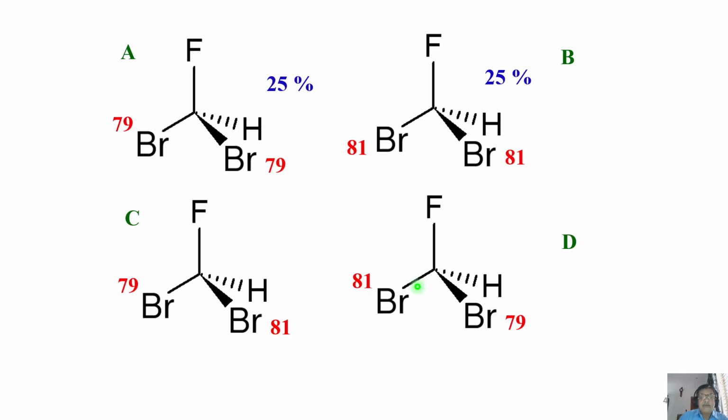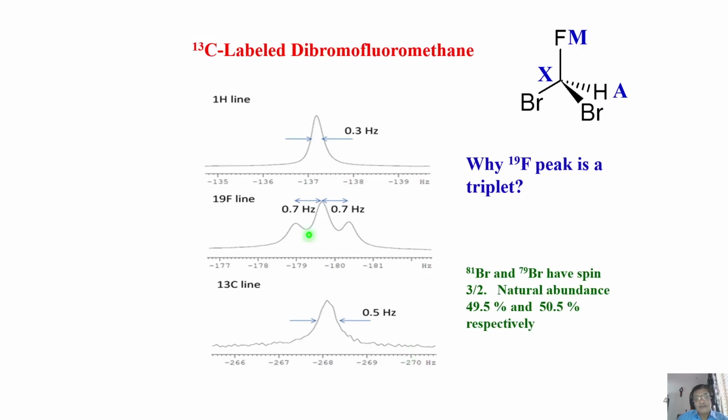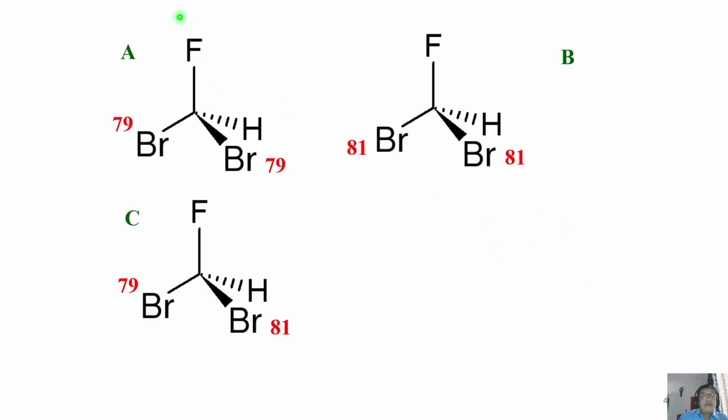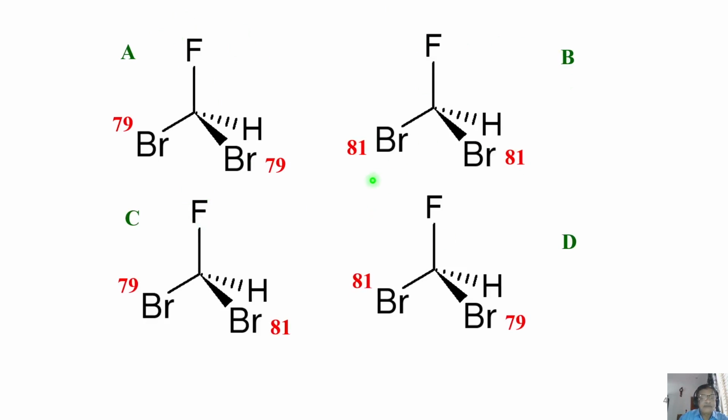So if you look at the fluorine spectrum, what you are seeing is four peaks corresponding to four different isotopomers. This fluorine spectrum gives one fluorine peak for this isotopomer, one for this, one for this, and one for this. But as I said, two of these isotopomers have equal probability and they are indistinguishable. These two peaks overlap.